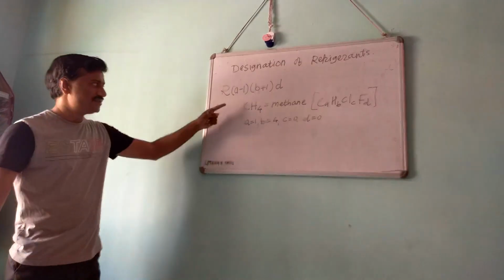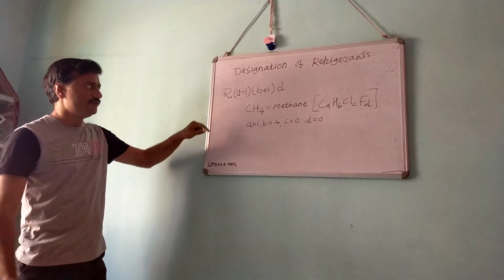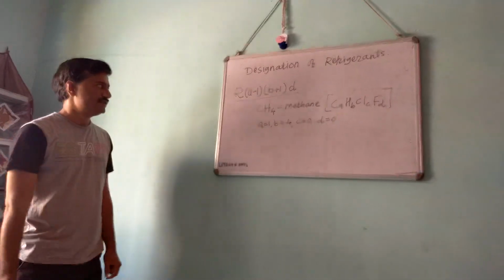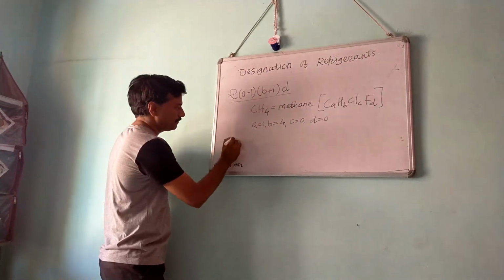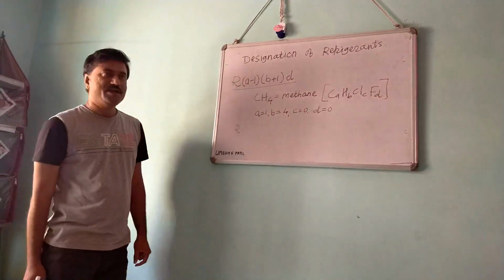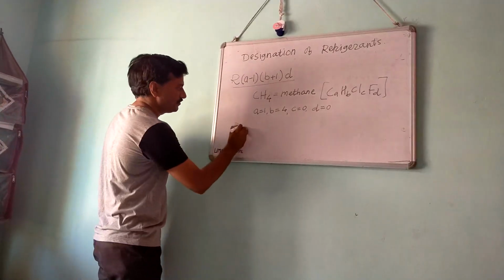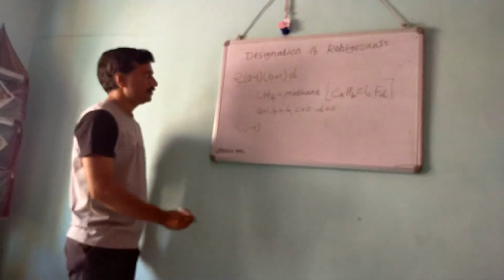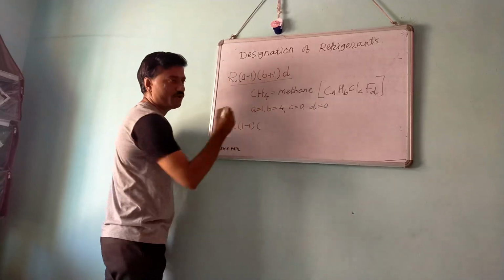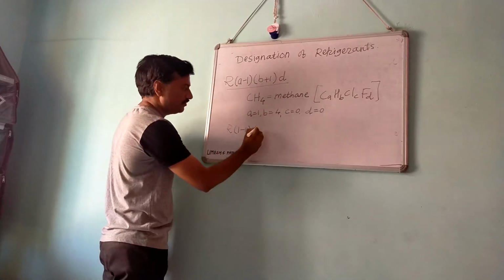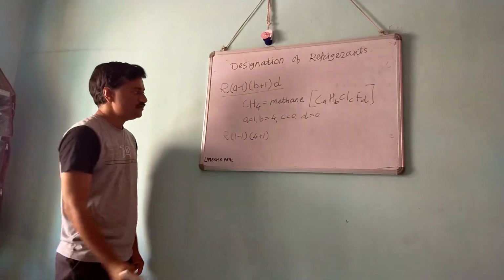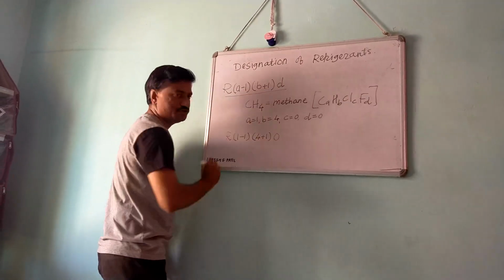Now let's start with the designation. So R, a minus 1, so it will be 1 minus 1, b plus 1, b is the number of hydrogen atoms, so there are 4 hydrogen, so 4 plus 1, and as there is no fluorine, the third digit will be 0.